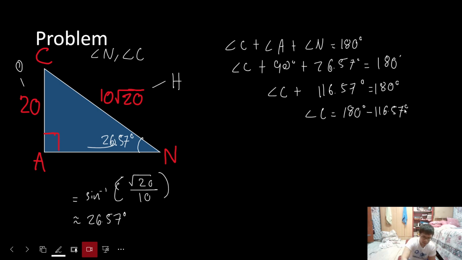So the result will give you exactly 63.43 degrees. Just making sure. Hold on, just making sure. 180 minus 116.57. Yes. So the angle C here is 63.43 degrees. And that's it.